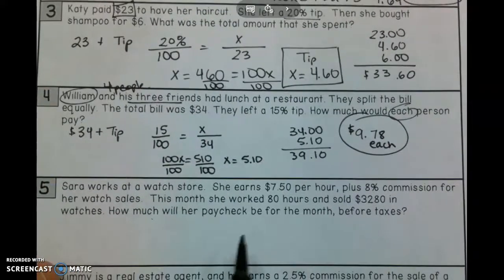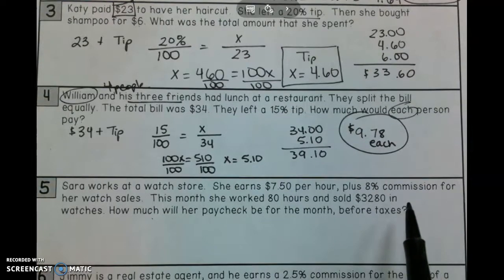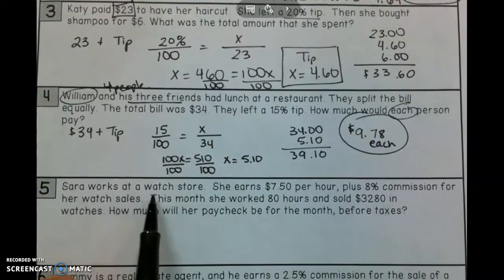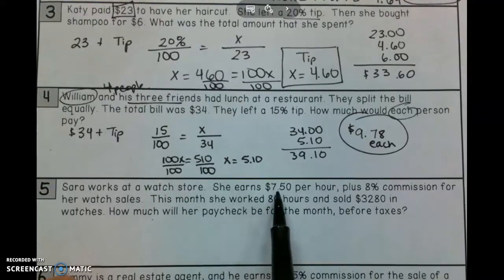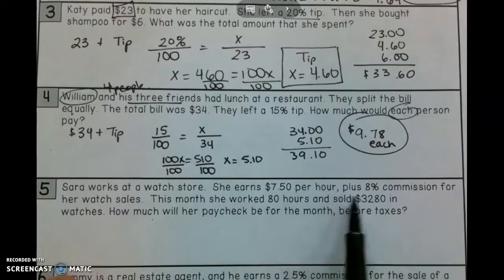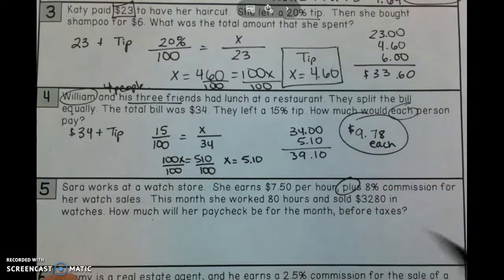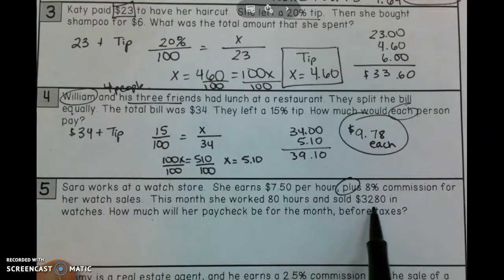Number 5, we're going to look at a question that involves commission. Remember, commission is based on a percent of sales. So this says that Sarah works at a watch store and she earns $7.50 per hour plus commission. This month she worked 80 hours and sold $3,280 in watches.